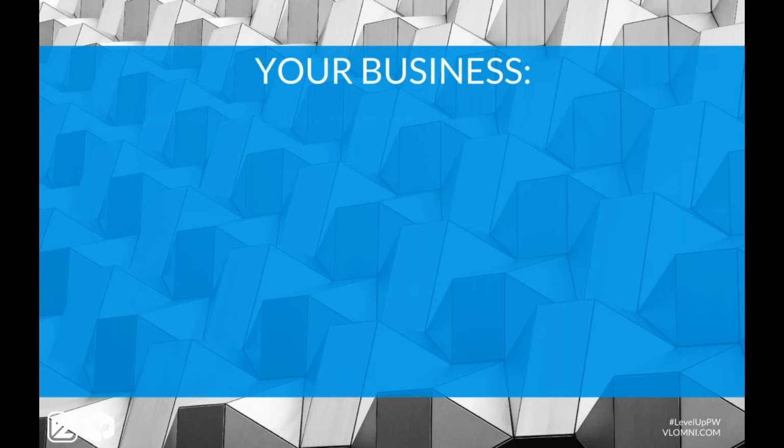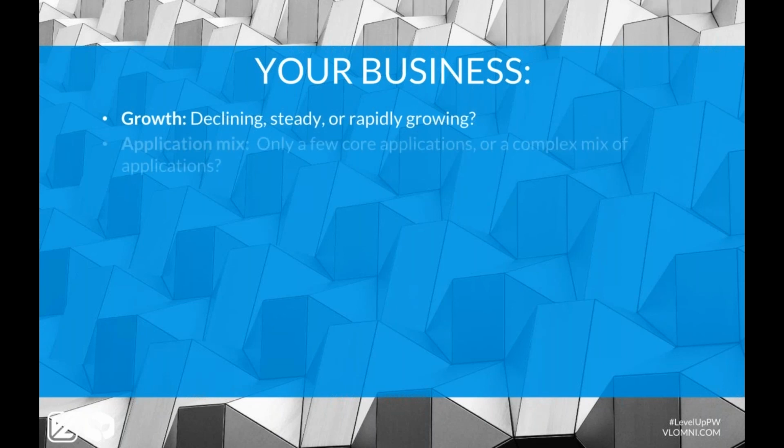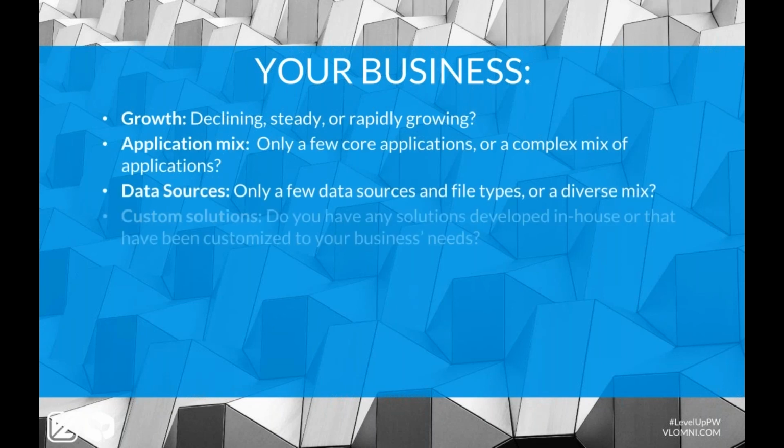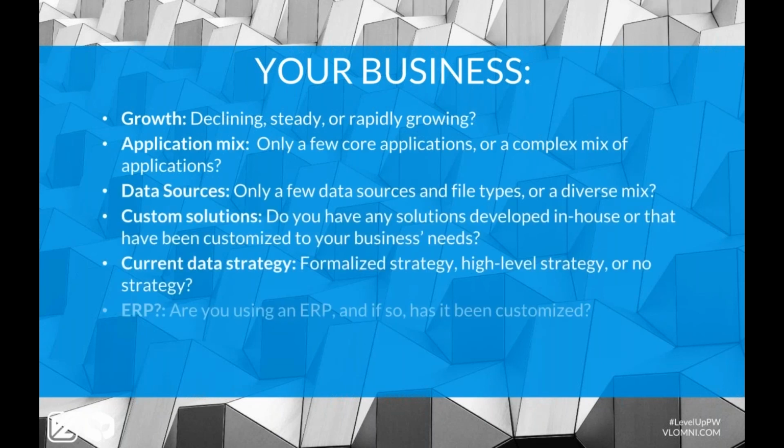To continue on with that, the things you need to be thinking about are growth. Is it steady? Is it rapidly growing? Is it growing so fast that your inability to handle the volume is happening because your applications can't scale?